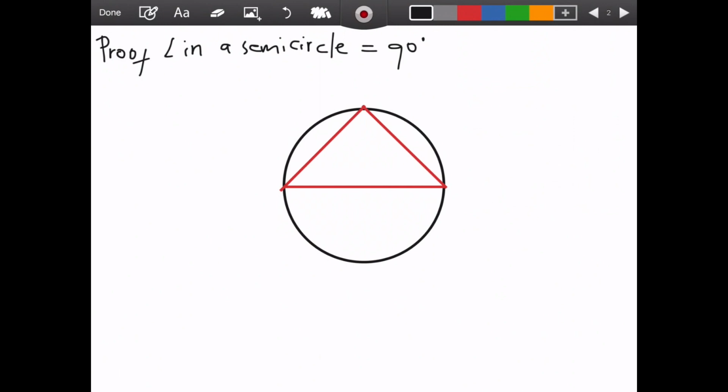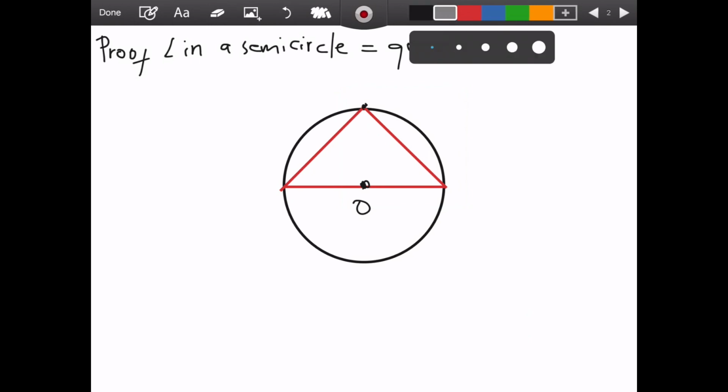If you look at the circle over here, this is the center O. The diameter of the circle forms part of the triangle, and one of the corners of the triangle touches the edge of the circle. In this case, you will notice that it will always be equal to 90 degrees. So let's prove that.